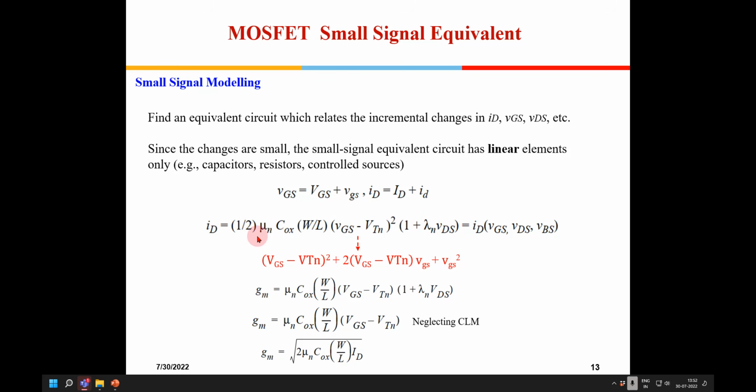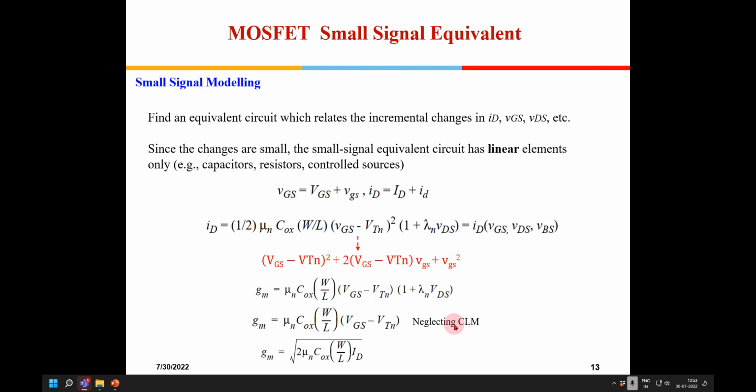This term is common, so it will be there. This term is also constant. The only variable is within this square term, which I have expanded here into 3. The first term is a constant, so it is 0. The second is negligible, and this, if I differentiate, the small vgs goes. So I get it this way, this 2 and this 2. Is it okay with all of you?